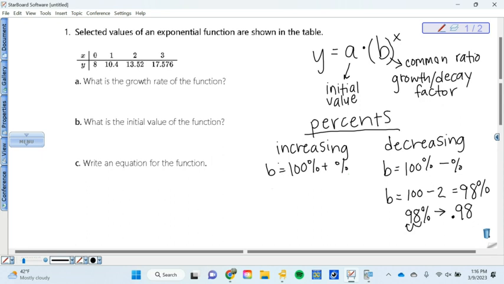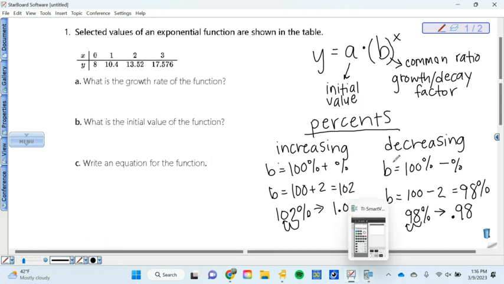So we take 100 and we add 2, and what's 100 plus 2? 102. And then how do I convert 102% into a decimal? Move 2 points over. So it becomes 1.02.